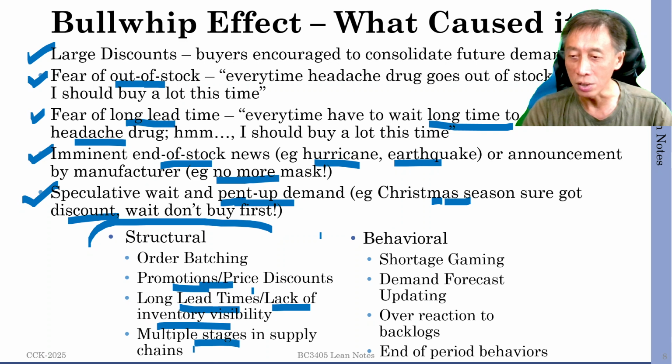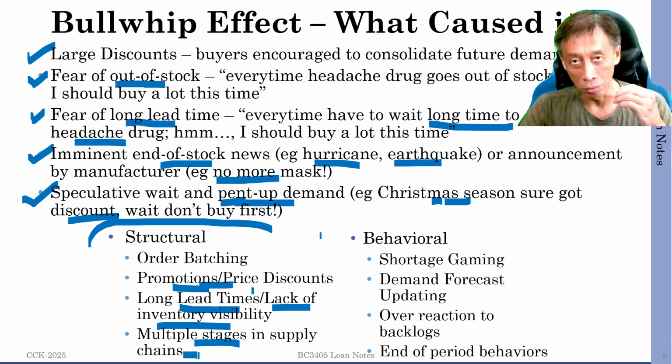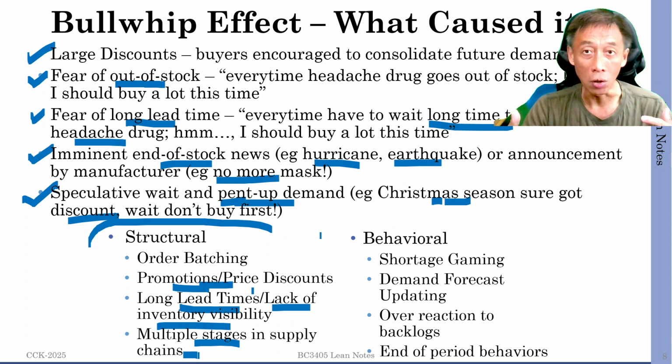Multiple stages in the supply chain. Just now I drew 3 time series to say there are 3 stages in the supply chain before you reach the manufacturer. But typically it may be 10 or more, right? Especially as you have to talk about international businesses and import exports, then easily 8 or more. So 10 or more is not uncommon.